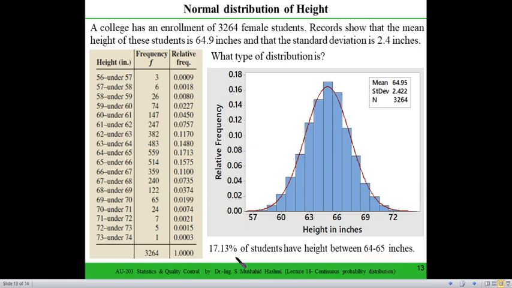Let's say 17.13% of students have a height in the range of 64 to 65 inches. So 17% of the female students would have a height of 64 to 65 inches, and most of the female students would have this height. The area under the curve always comes out to be unity.